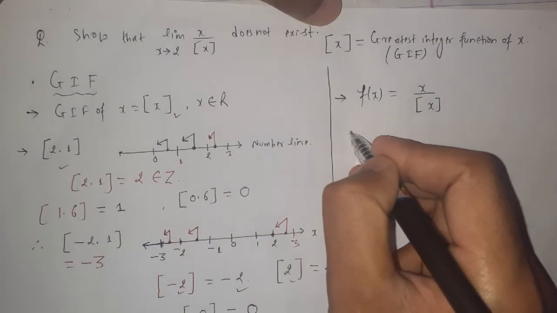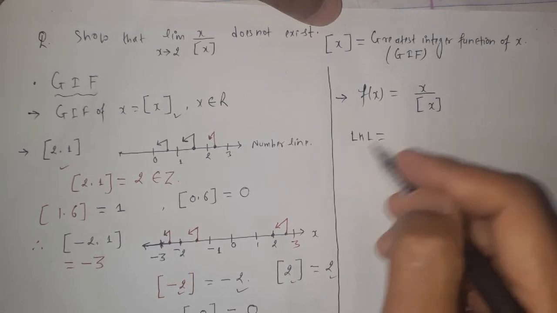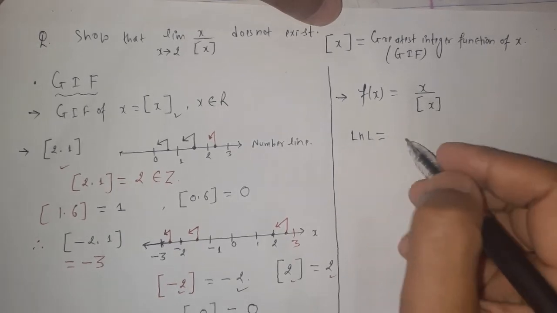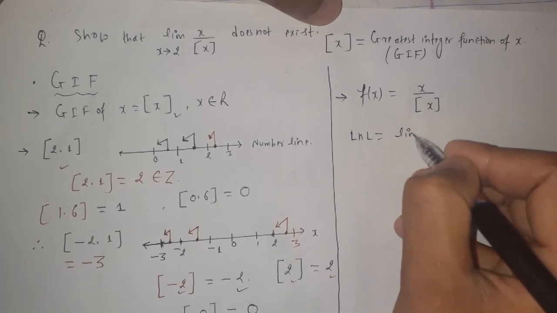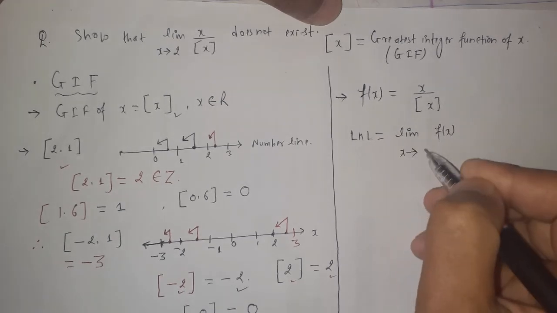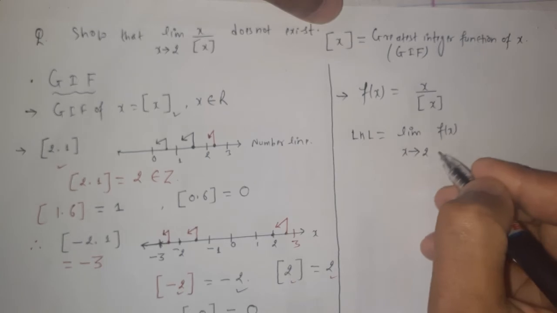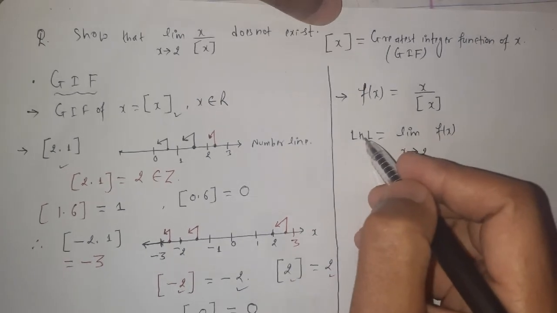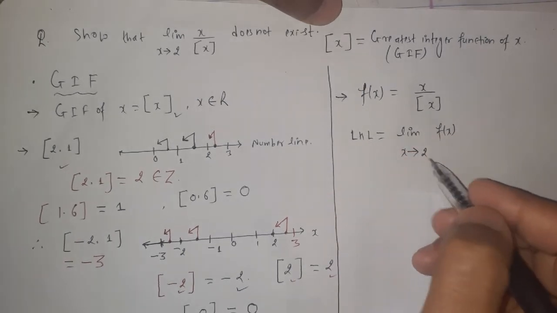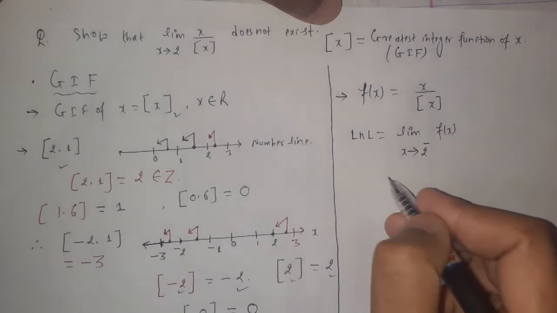First of all, let's calculate the left hand limit. The left hand limit, shortly denoted by LHL, is defined as the limit of the function f of x when x approaches the same number. Here the approaching point is 2, but in the left hand limit we have to approach this number 2 from the left hand side, so we put the negative sign on top of the number.